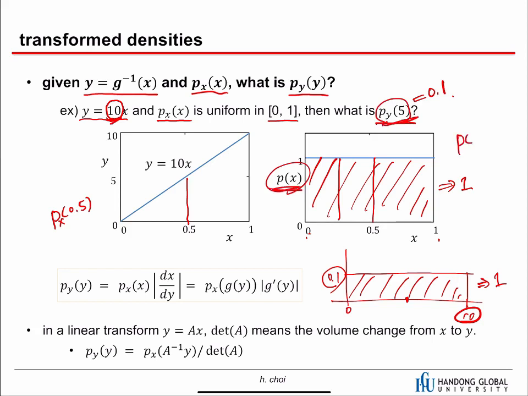So p of 0.5 divided by 10 is 0.1. You see that? We transformed so that the y space is changed. But as long as we know this transformation and the p of x, then we can calculate the p of y. So this calculation is based on this.